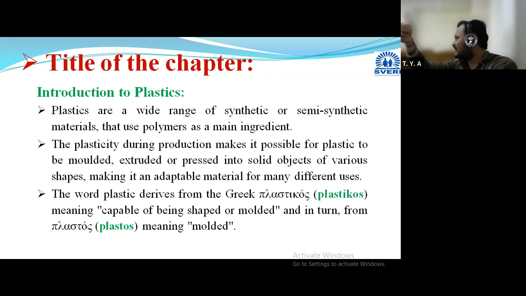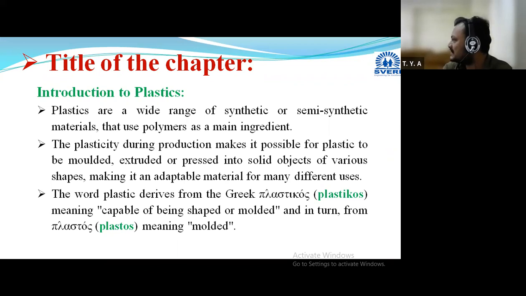Polymer material can be classified as plastics and other materials like this. All plastic you can consider as a polymer, but a polymer may be a plastic or it may be of another type. Plastic is nothing but a polymer where we are making some chemical changes.